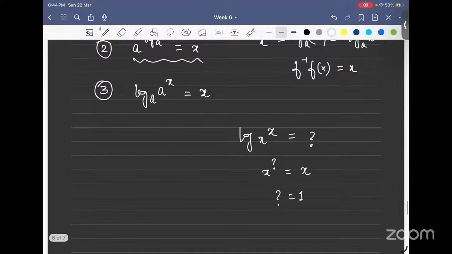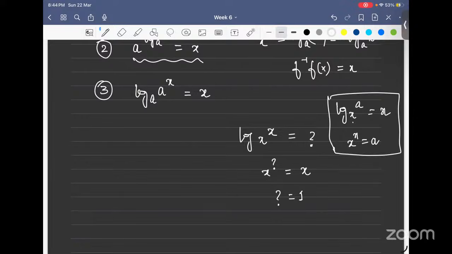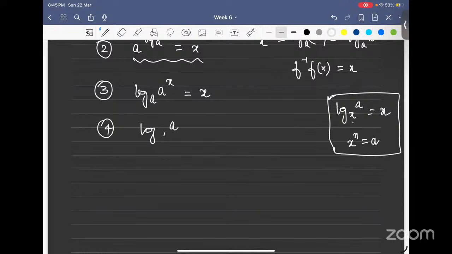So this is how generally you write it: log of a base x equals n, so you will make it x to the power n equals a. This is very simple. This conversion you should know. If you know this conversion, you can get the value of anything. So this was the third property. And the fourth property you were already using: log of any number to the same base, you will always get 1.